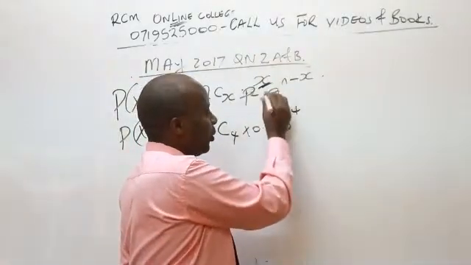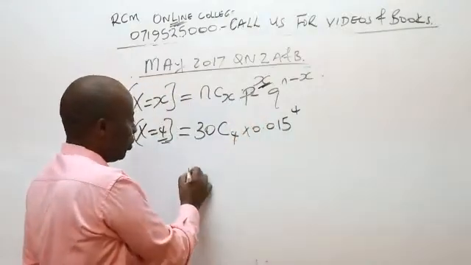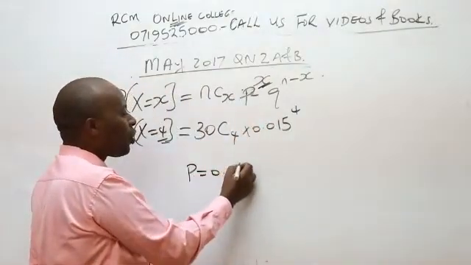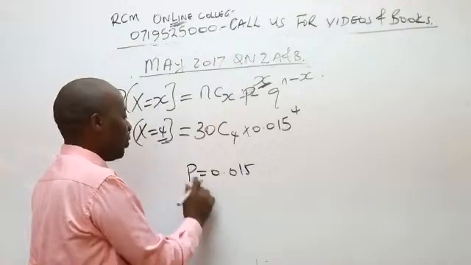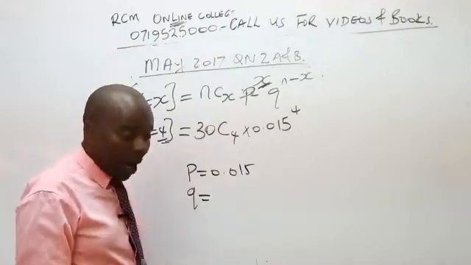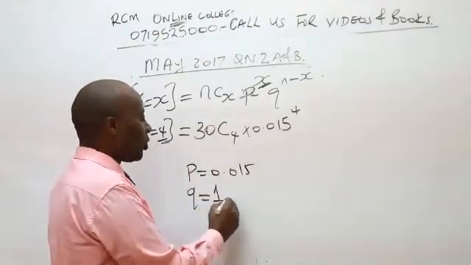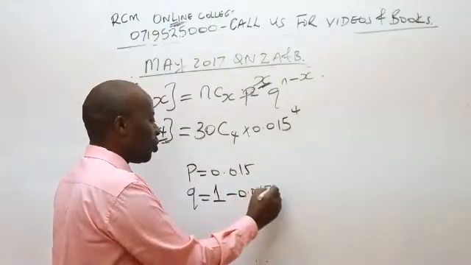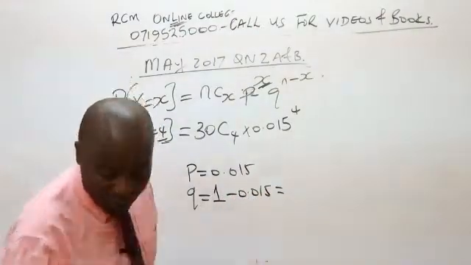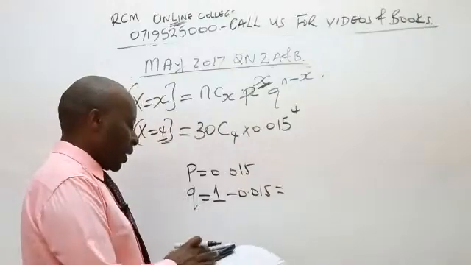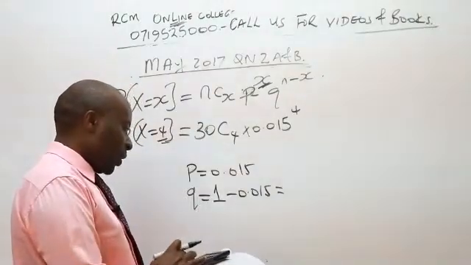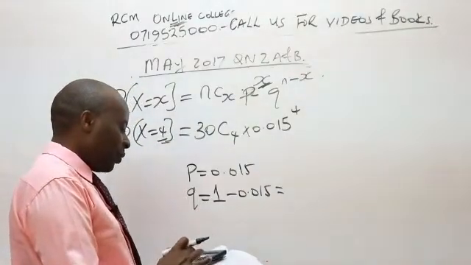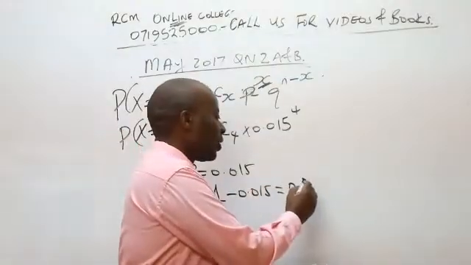And then we have q. I forgot to tell you that if p is 0.015, then q, given that the 2 must always add up to 1, is 1 minus 0.015, which is 0.985.